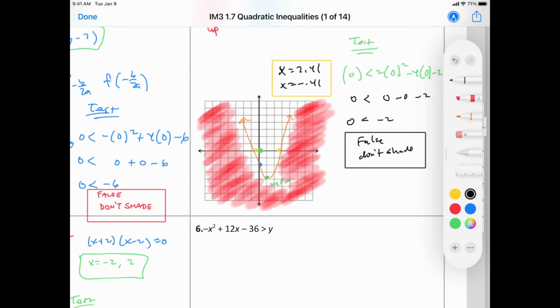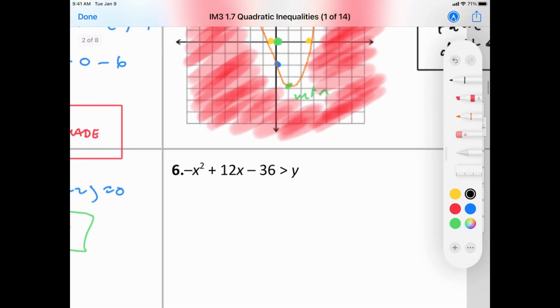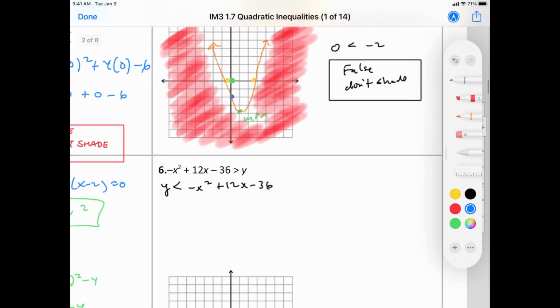And number 6. This one looks a little bit funny, so you can just switch it all around. Notice how it's pointing to the y variable. Let's just see if we can factor it.